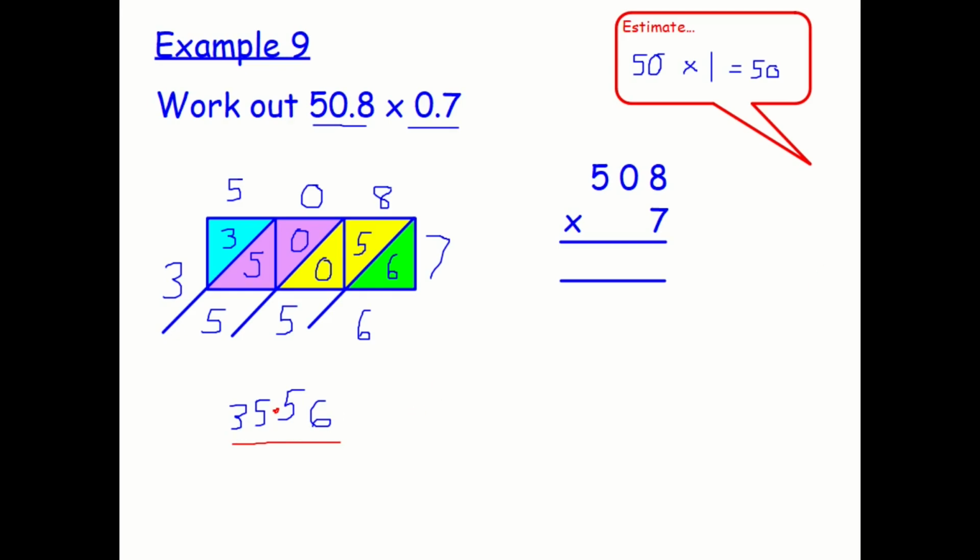Let's do the column method. 7 eighths are 56. 0 times 7 is 0, plus 5 is 5. And 5 times 7 is 35. So you put the 35 here. Final answer to that question is 35.56.